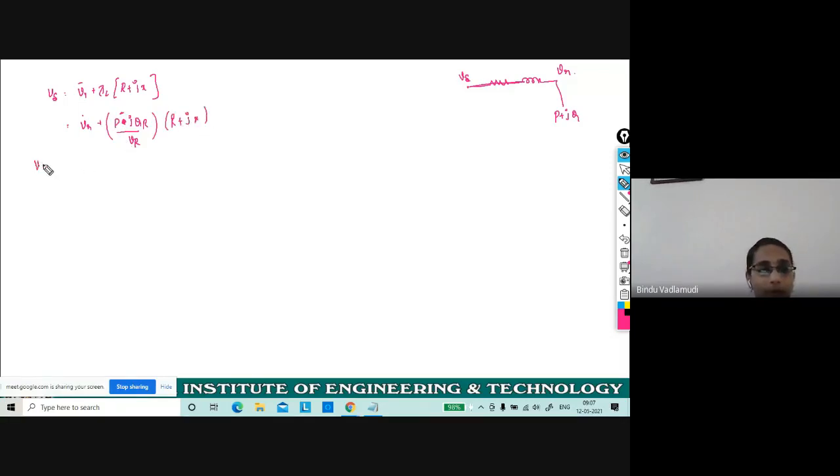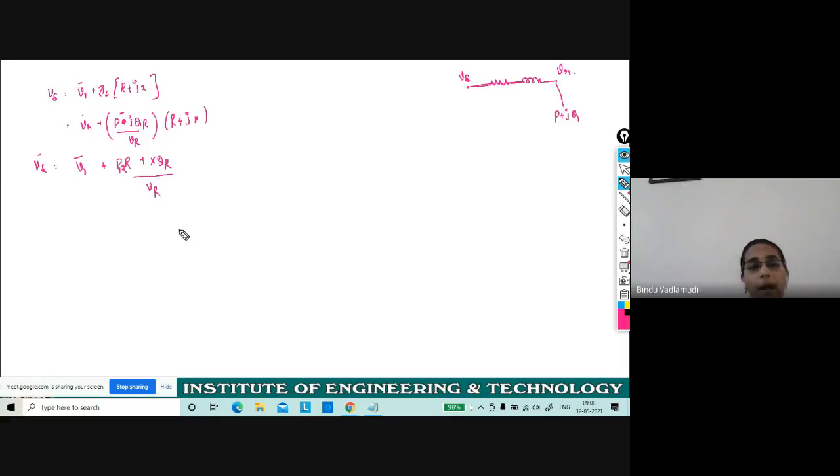So from that, Vs bar is equal to VR bar plus (PR into R plus X into QR) by VR. Is it the expression we have derived in the last class? Did we complete it up to here?